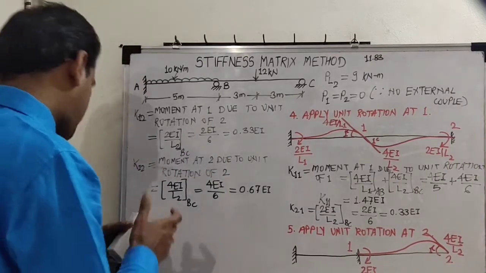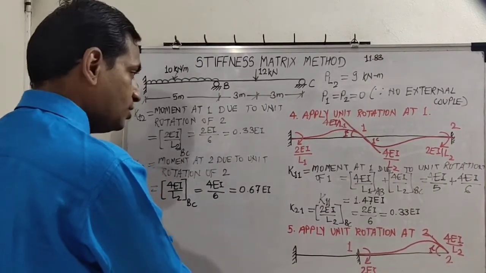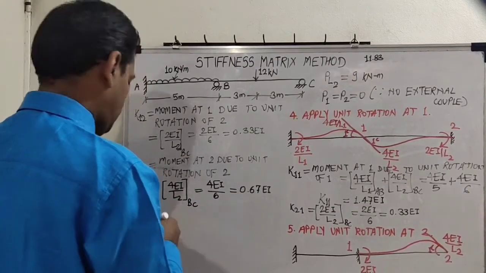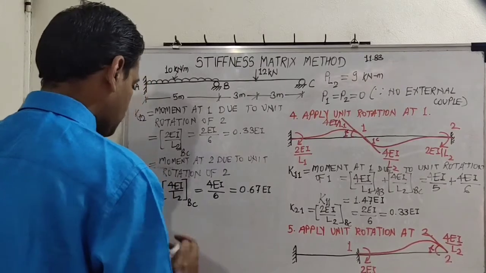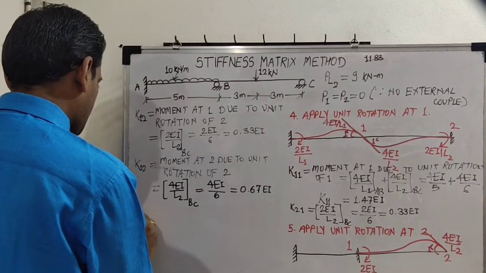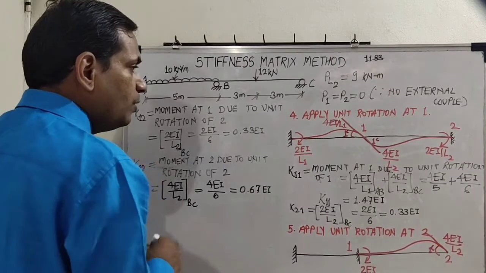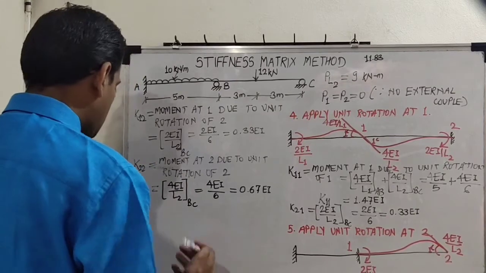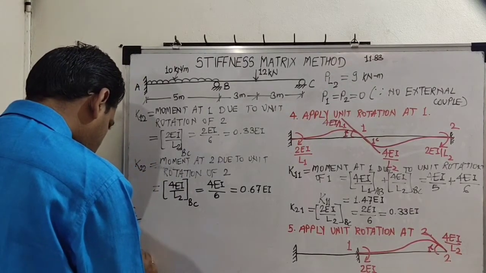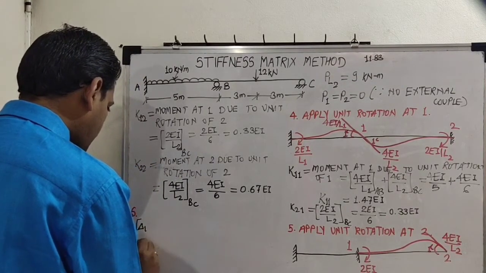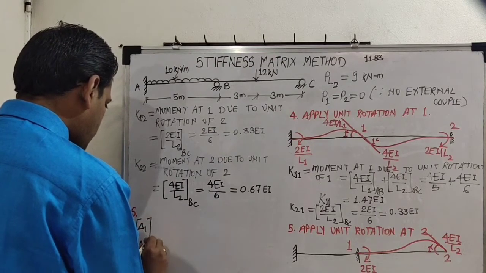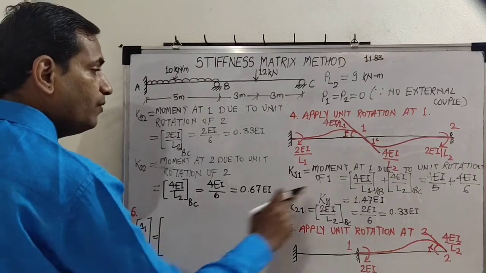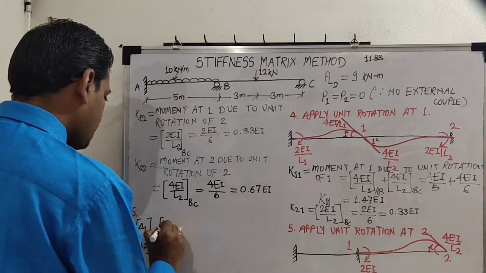Now we will go for the solution of our 2 by 2 matrix. So step number 6. Now we will put all these values in the matrix. On the left hand side we have our unknowns delta 1 and delta 2. It is equal to the inverse of our 2 by 2 matrix. The first value is K11, 1.47EI.